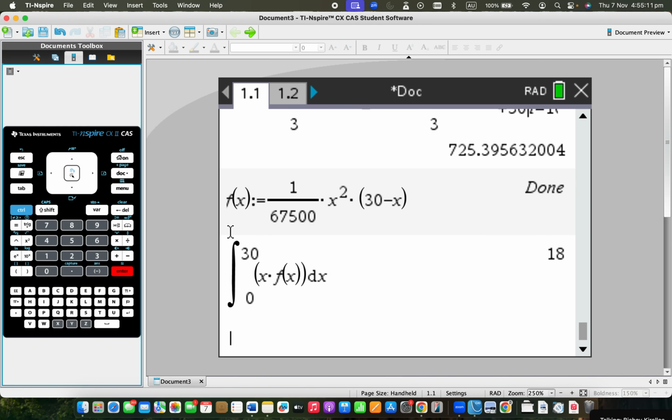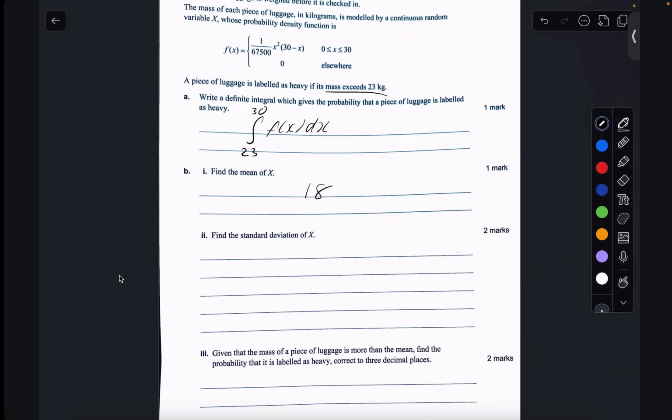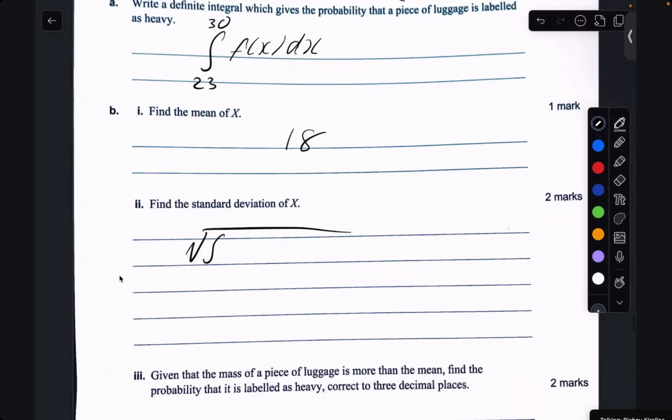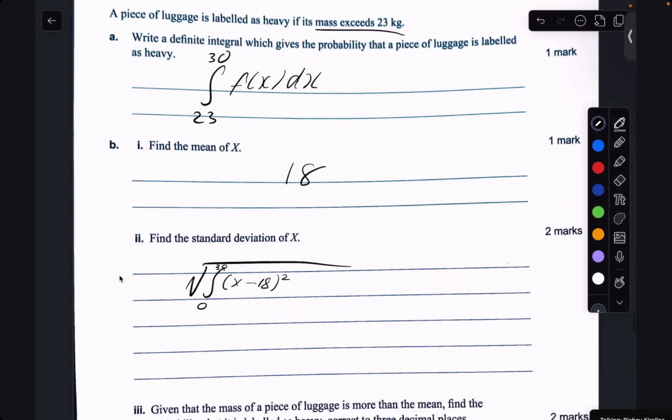Now, find the standard deviation. So that's the square root. So here, the working out: square root of the integral from 0 to 30 of x minus the mean squared, so 18 squared, times f of x.